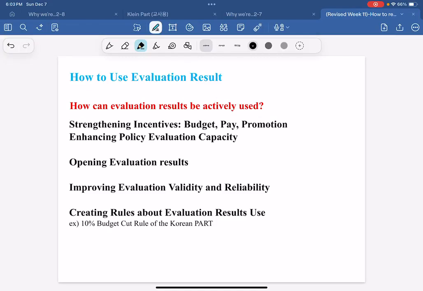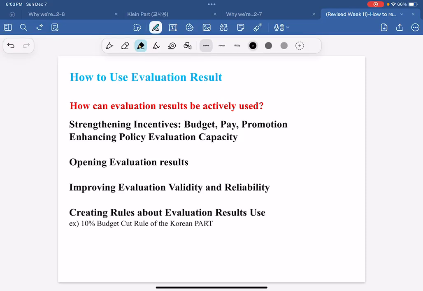The Korean PART is the most representative evaluation, which Nok Box, last class, was an expert in designing. The Korean PART had very strong rules to make public officials mandatorily use evaluation results.